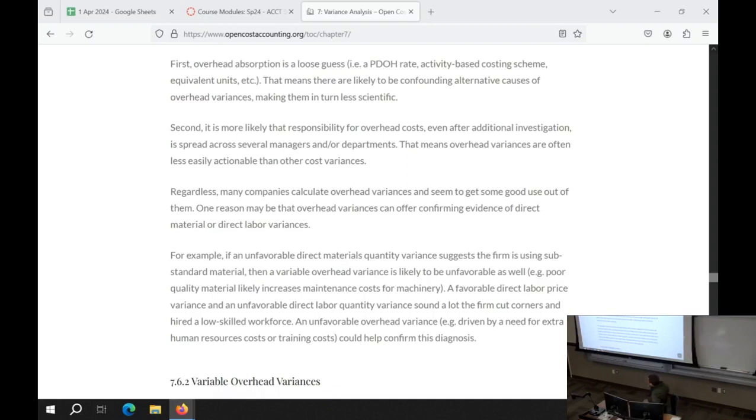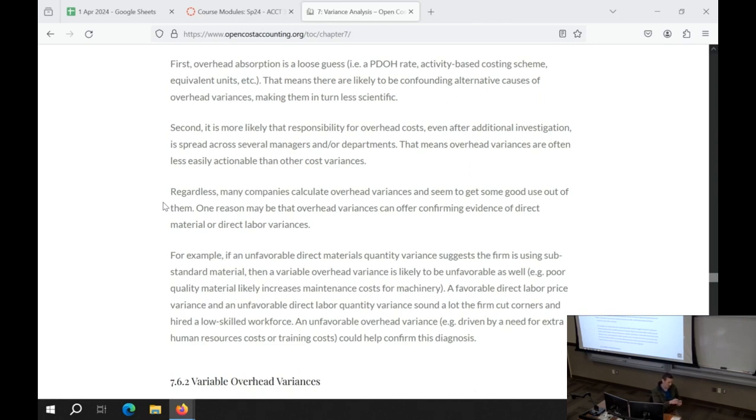In my personal opinion, I find the overhead variances to be slightly less valuable than the direct materials or direct labor variances, or some of the custom ones you might come up with. Because overhead responsibility is already a bit of a fiction. Something doesn't become overhead unless we cannot economically, feasibly trace it to product units. So we are already allocating it based on a lot of assumptions.